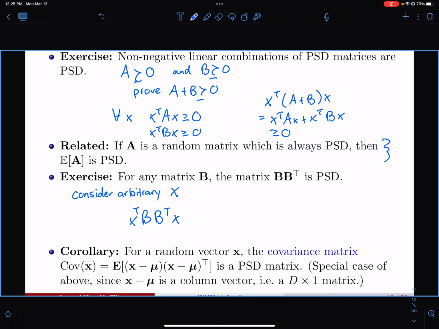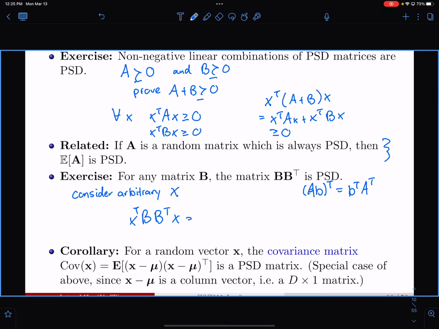In general, the property we're using is that if you're transposing the product of a matrix and a vector, it's going to equal the vector transpose times the matrix transpose, so you flip things around. If we do that here, we have the first part of the expression as B transpose x, transposed, and the second part as B transpose x. And this is just in the form C transpose C, which we talked about before. That's equivalently written as the 2-norm of C squared.